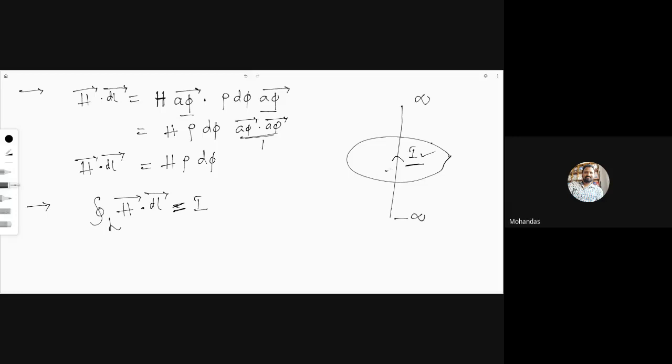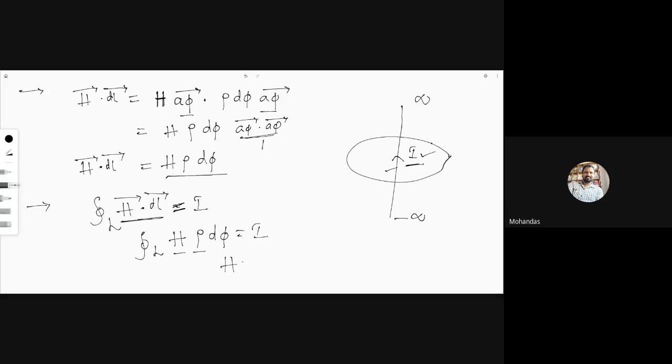In a different type of current distribution, I enclosed would be different. For this, it is the current I only. Now let us substitute this value. What is the H dot dl in the fourth step? H into rho into d phi. Closed line integral H into rho into d phi is equal to I. Now H and rho are constant, so let us write H and rho out of the integral.